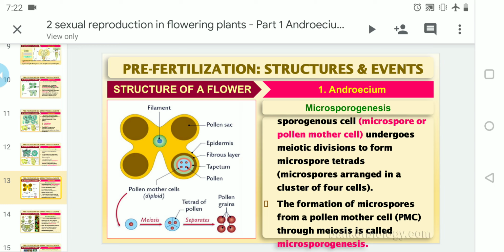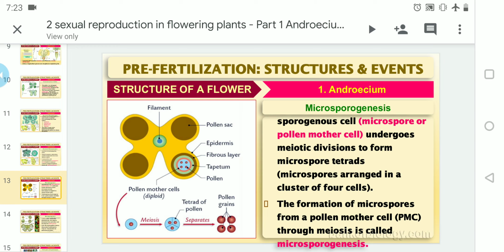The process begins from the beginning, and during the development stages, the sporogenous cells become microspore mother cells. These undergo meiotic division to form microspore tetrads.